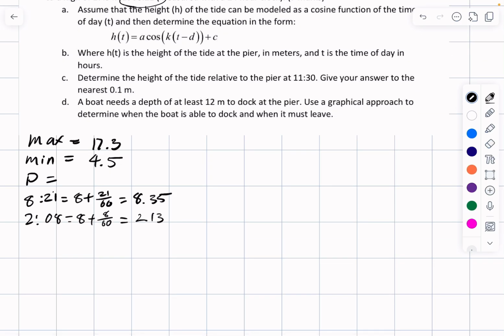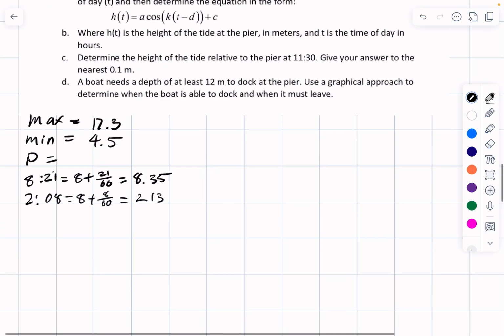So a full period would be 8.35 minus 2.13, which equals 6.22.